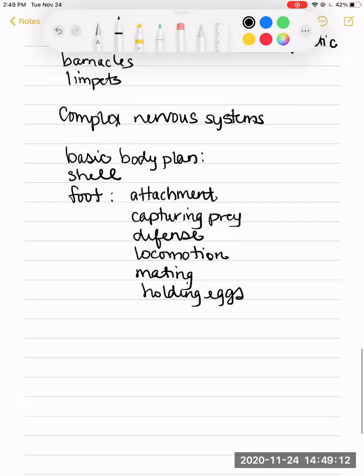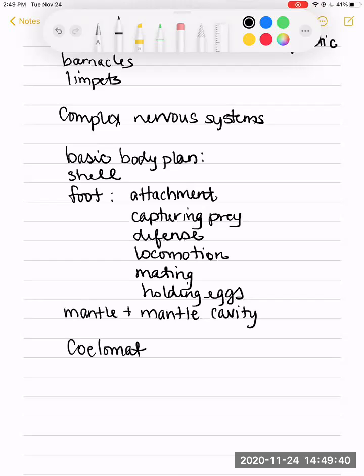Then they all have what's called a mantle and a mantle cavity. I'm not really going to take the time to go into a lot of detail about the mantle and the mantle cavity, but if you do take an organismal biology course at some point, you will learn a lot about them in the mollusks. I just want to show you some pictures of mollusks, but I want to really emphasize again, they are coelomate.